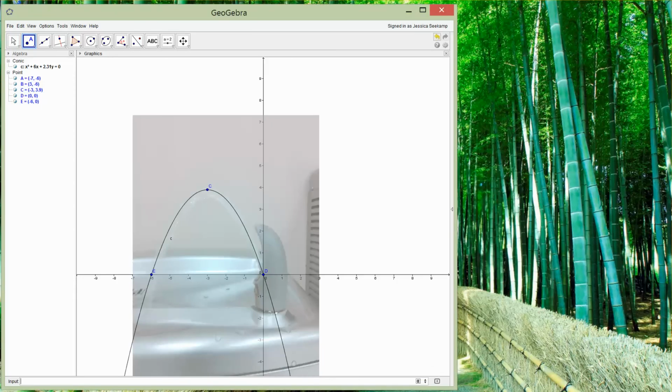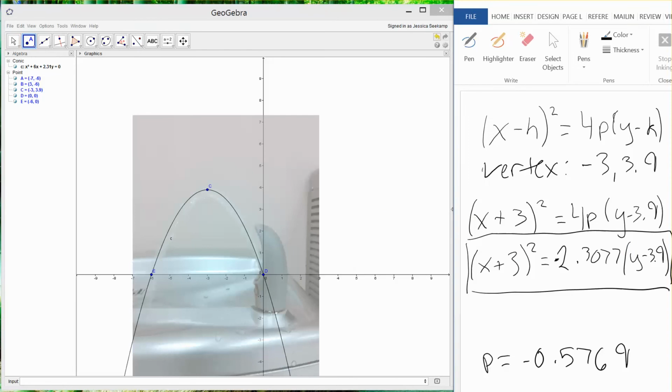And don't forget to go back over to this function right here. This is in vertex form: x plus 3 quantity squared equals -2.3077 times y minus 3.9. That's vertex form, so you need to simplify that to get it in standard form. Remember standard form is the ax squared plus bx plus c form.